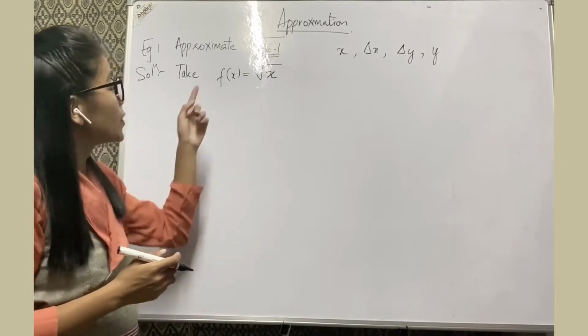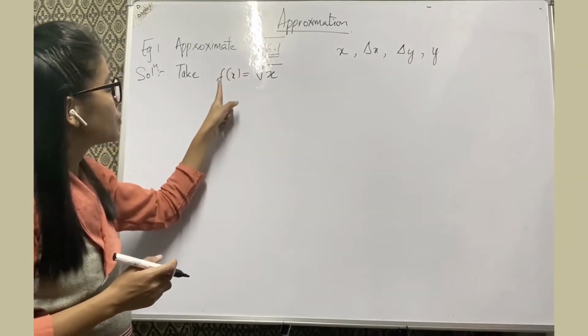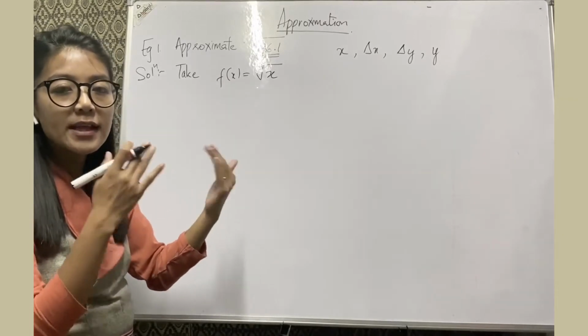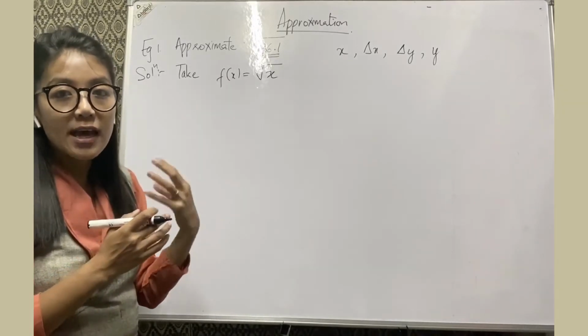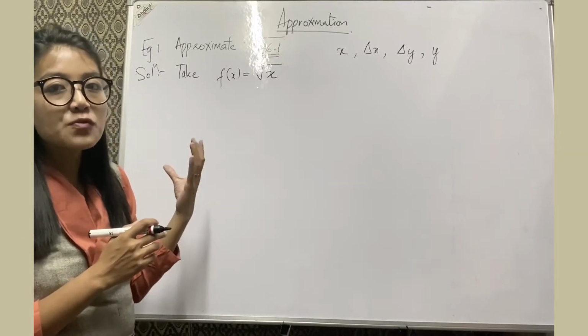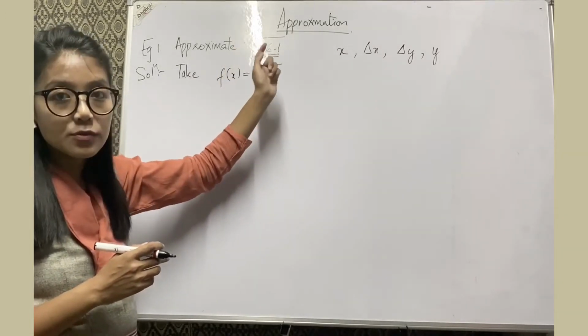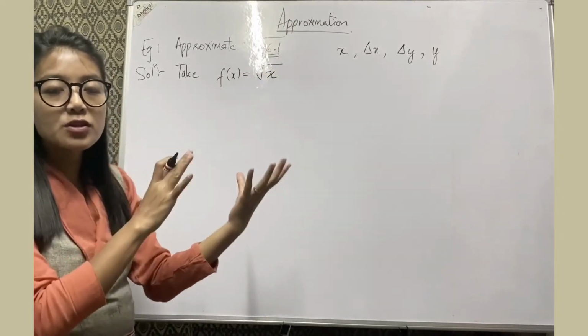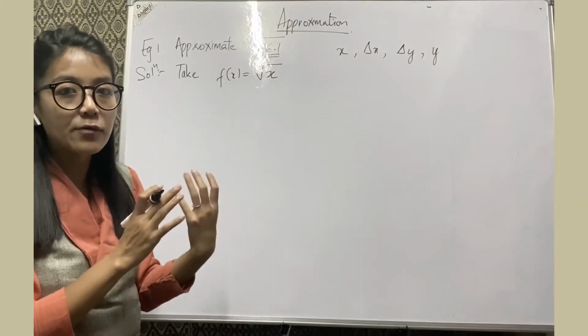If it is a square root function, then you will write f of x is equal to square root of x. However the function is defined, in that particular way you have to take f of x. If you're asked to find the cube root of certain values, then your f of x will be cube root of x, right? So whatever the function is given, in that way you have to take f of x.